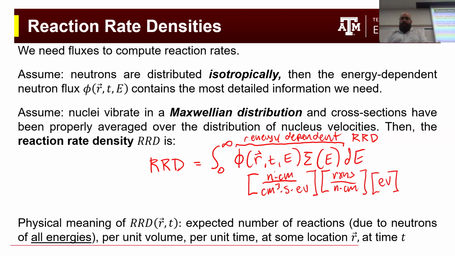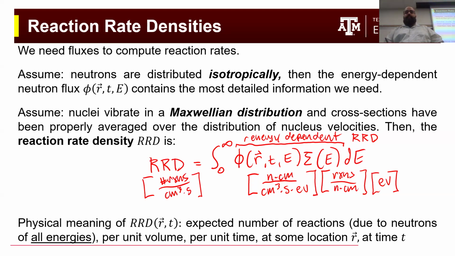Thinking about these quantities based on their units, this works out to give us units of number of reactions per unit volume and per unit time. These neutron path lengths cancel those neutron path lengths, and these eVs cancel those eVs, so that we have units of reactions per unit volume per unit time, which is the definition of a reaction rate density.